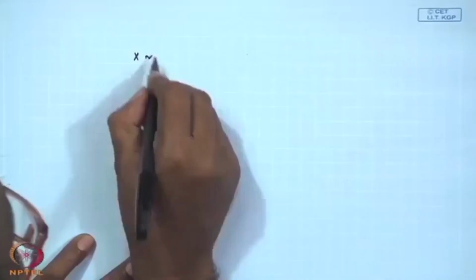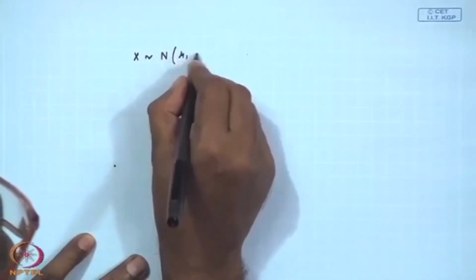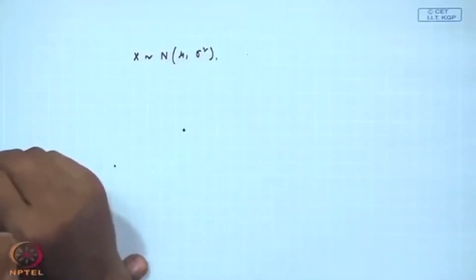Now, when p equals 1, that is the univariate normal. What is the probability density function of the univariate normal? Suppose x is a random variable which is univariate normal with mu and sigma square.